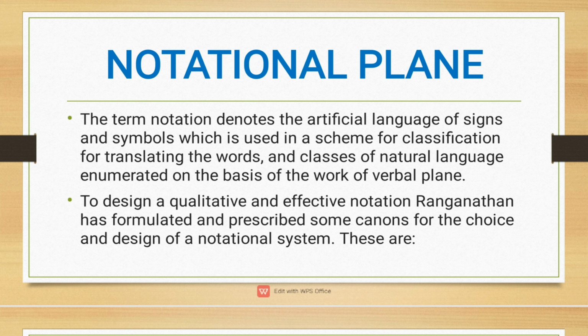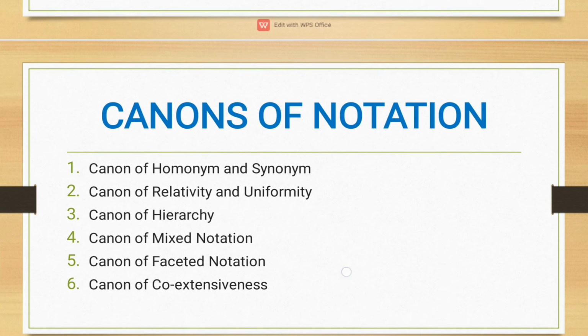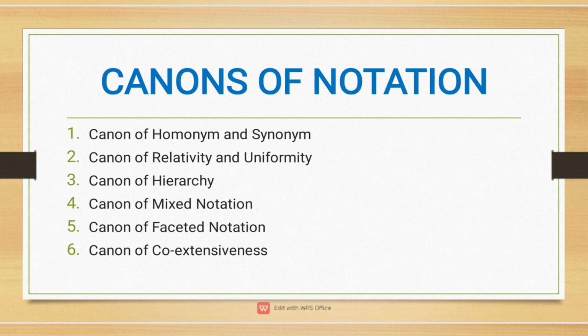To design a qualitative and effective notation, Ranganathan has formulated and prescribed some canons for the choice and design of a notational system. These are canons of notation: canon of homonym and synonym, canon of relativity and uniformity, canon of hierarchy, canon of mixed notation, canon of faceted notation, canon of coextensiveness.